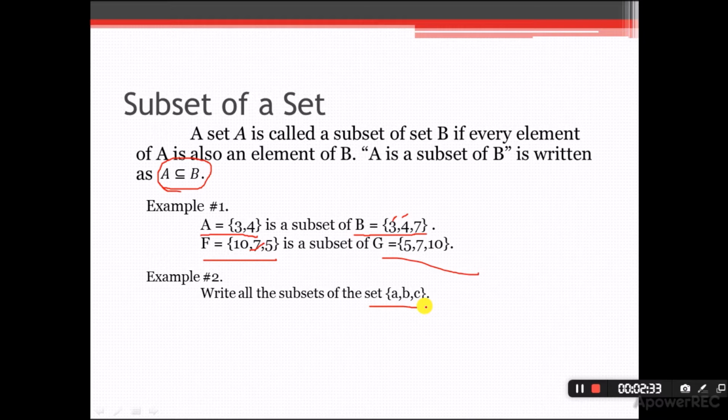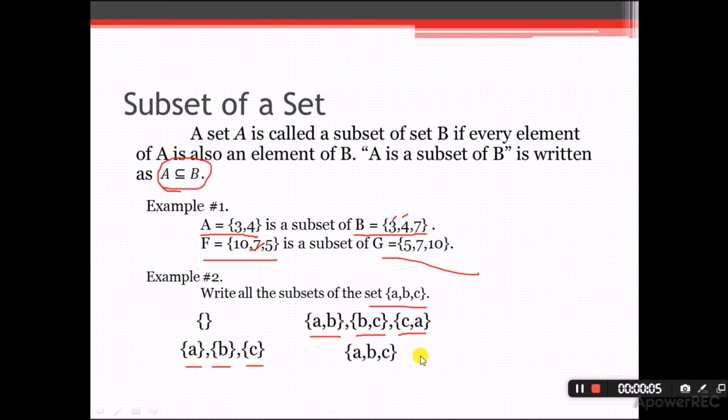You can have the empty set, or you can have the set with the element A, the set having the element B, and the set having the element C. You can have the set having the elements A and B, or the set having the elements B and C, or the set having the elements C and A, or just the set itself, the set having the elements A, B, and C.